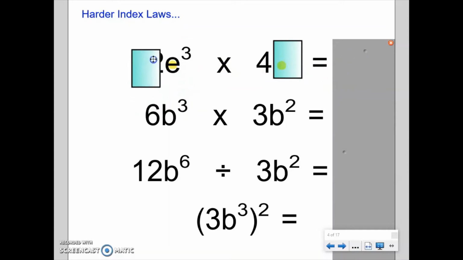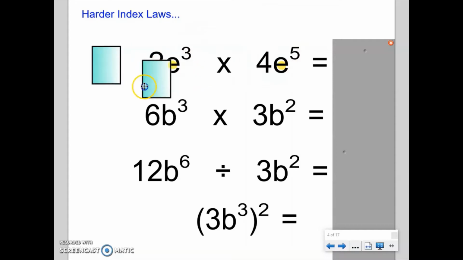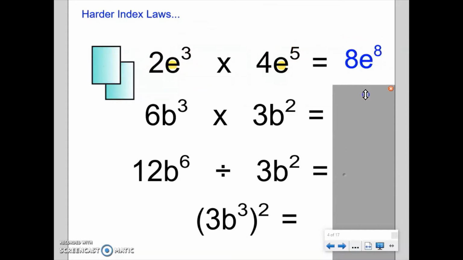Then I'm going to forget about the numbers. And I'm going to have e to the power of 3 multiplied by e to the power of 5. Remembering the first law of indices tells us to add those index numbers, giving me e to the power of 8. So the answer to that first question is actually 8 e to the power of 8.